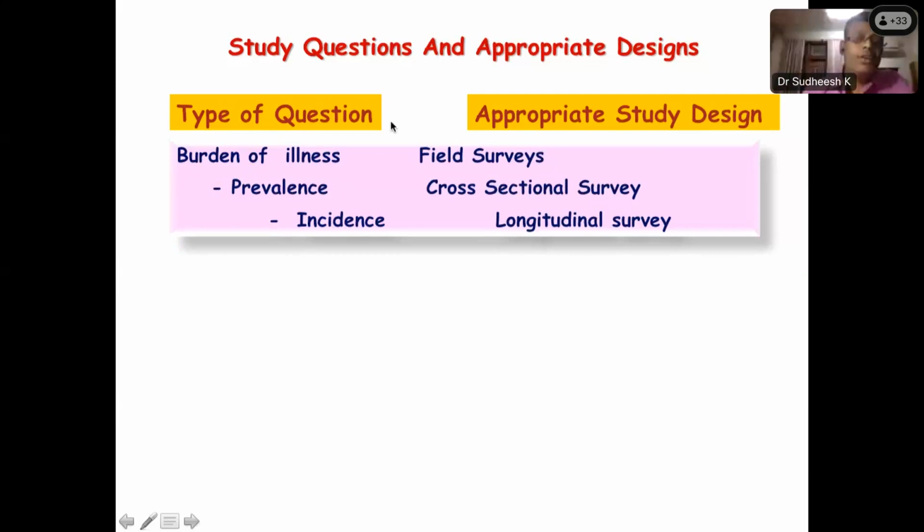So here what you are trying to find out is, with your intervention, how many of them are going to have a problem. This kind of study generally can be done by using field surveys or a cross-sectional survey or a longitudinal survey.